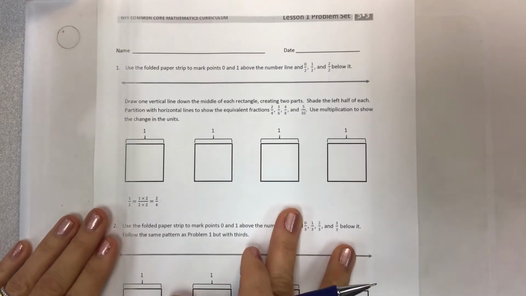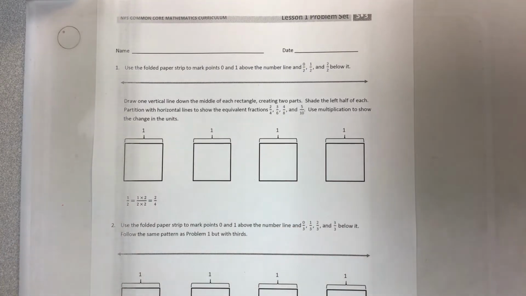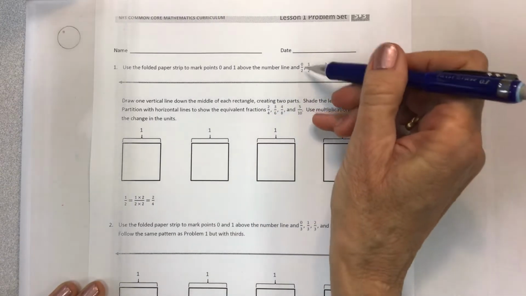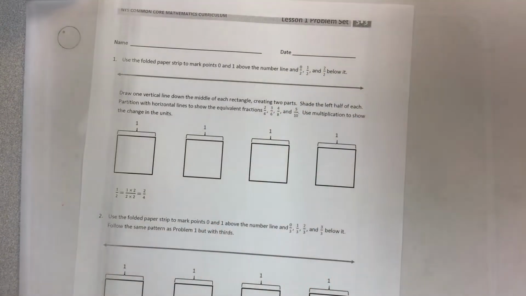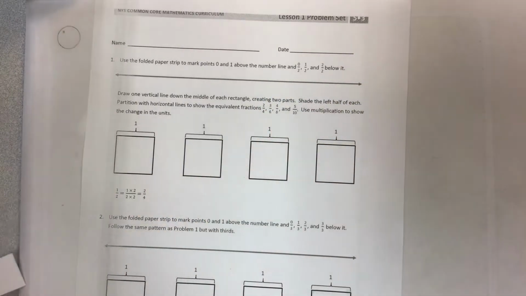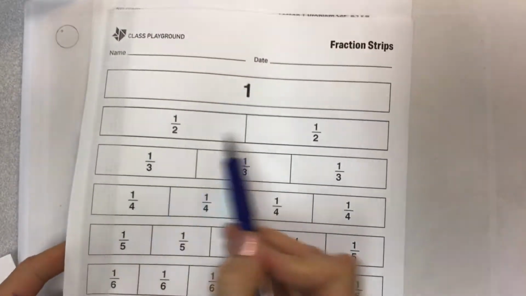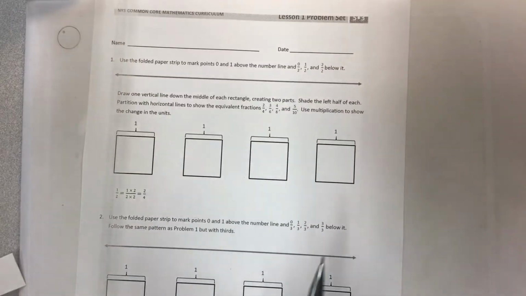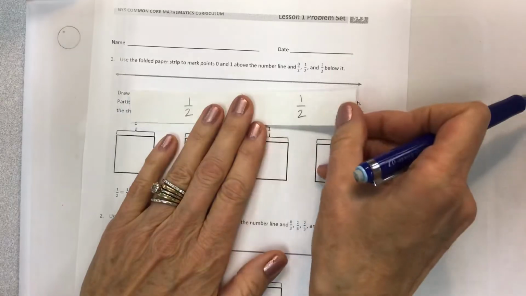Here we go. So use the folded paper strip to mark points 0 and 1 above the number line, and then we're going to make fractions. So if you have your paper strip or one of these, you can cut this one out, but of course this is going to be bigger than the ones that are the 6-inch pieces.